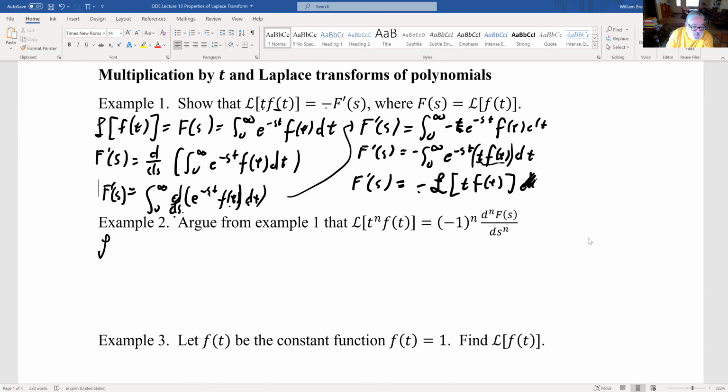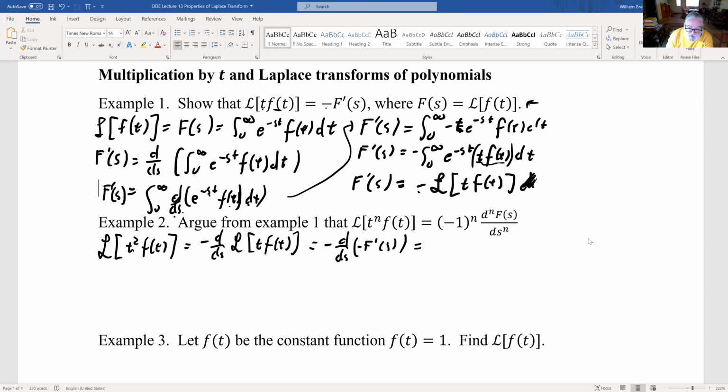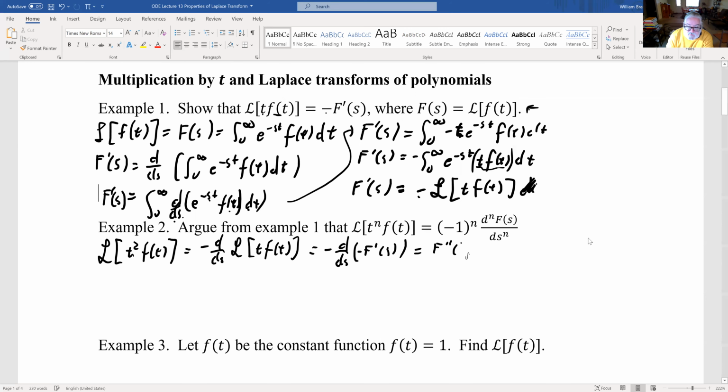The Laplace transform of t squared f of t is equal to minus the derivative of the Laplace transform of t f of t, because that's what multiplying by a t does. But the Laplace transform of t f of t is minus F prime of s, and so the minus signs cancel out, and we just get the second derivative of F.